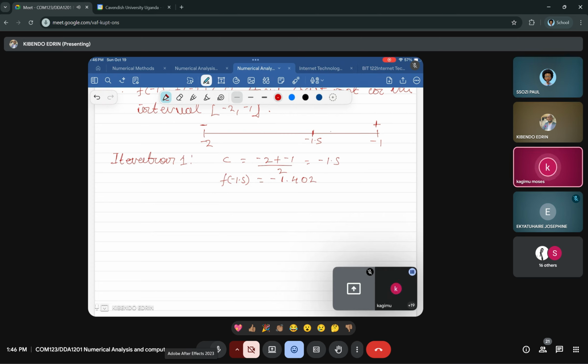No, the interval is between negative 1.5 and negative 1. Then on the number line, it is showing negative. You scroll up, Mr. Edwin.